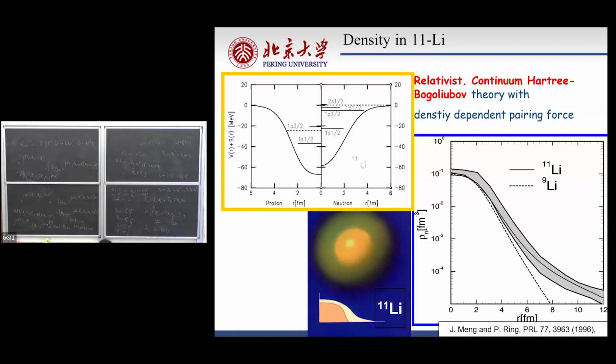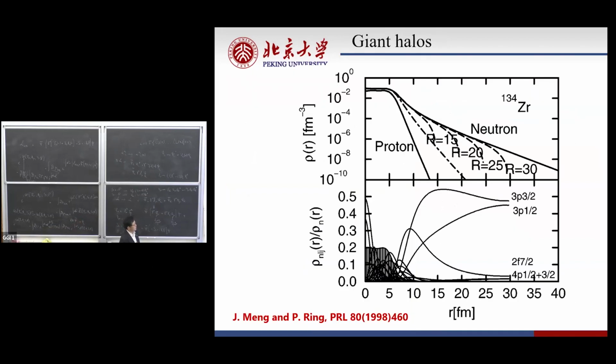That's why we could, so to say, find the halo in lithium isotopes. So by taking into account the contribution from the continuum properly, we can expect that we can describe unstable nuclei quite well.